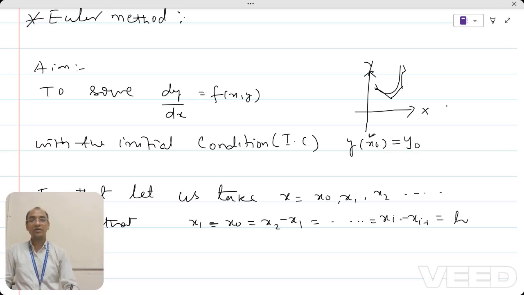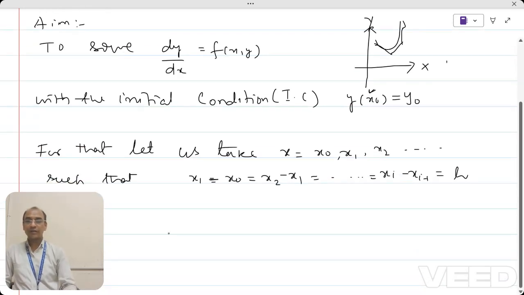So this is the distance between two consecutive values.